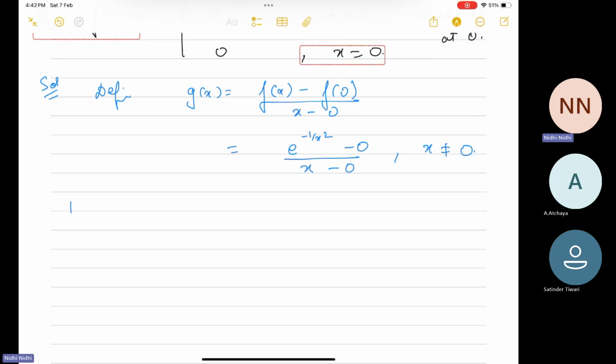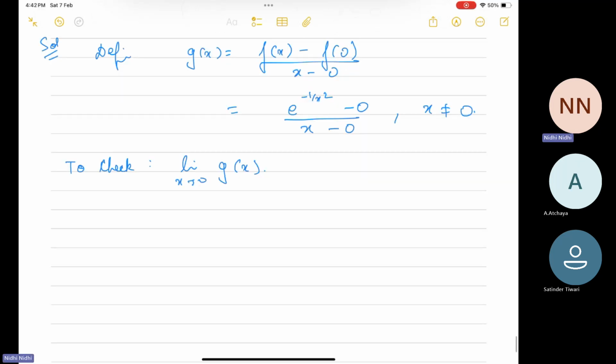We need to check the limit x tending to 0 of gx. So for that, we will see.